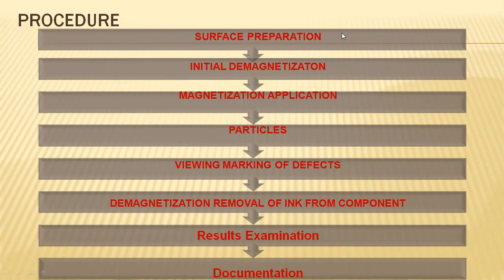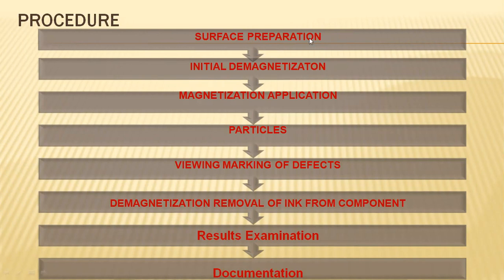So pre-cleaning, applying the penetrant, removing the excess penetrant, applying the developer and identification of the cracks, and cleaning of the objects. That is the process considered in the liquid penetrant test, as we discussed in the previous classes. And for this process also, we have a particular procedure for operation.